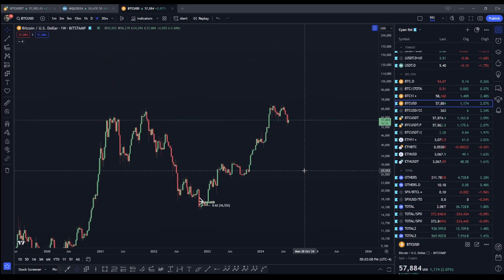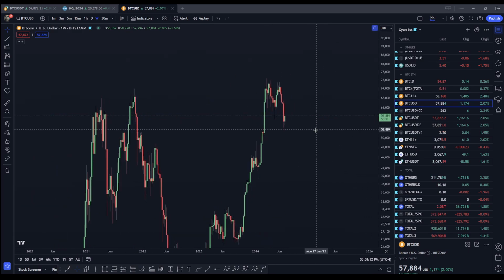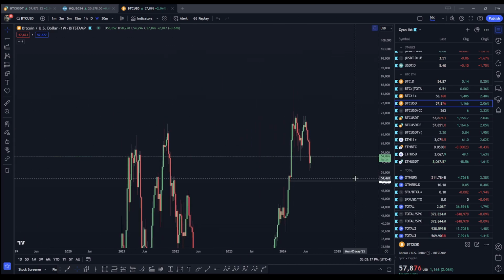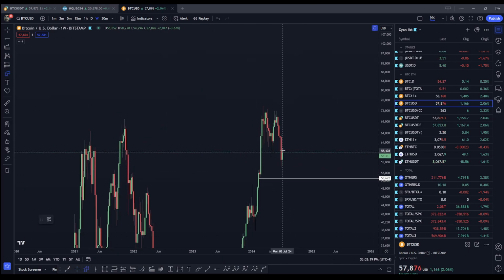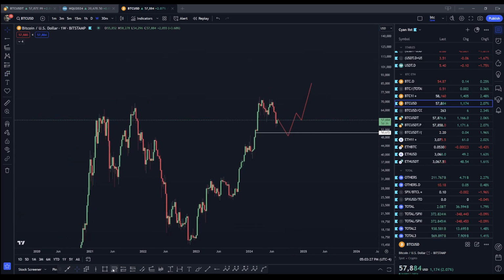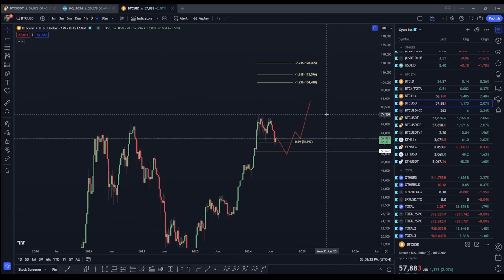Let's go back to BTC. Yeah, it just seems too obvious. That's probably what it's gonna do. Price target for me on Bitcoin at least. I don't know if we can do 100, man.